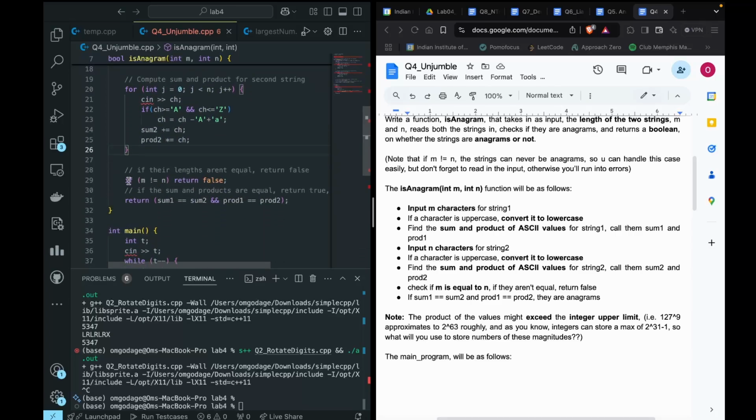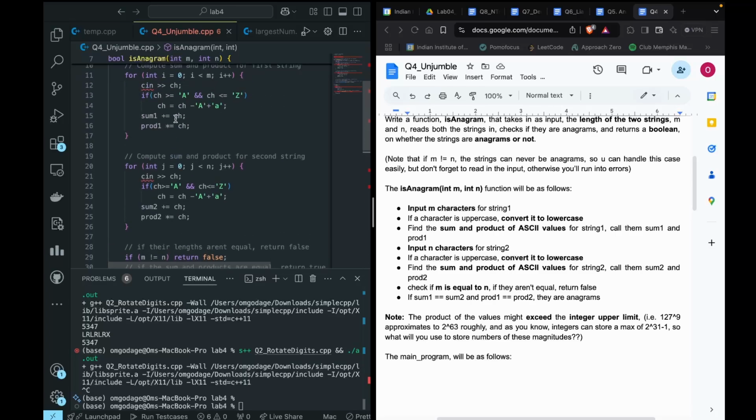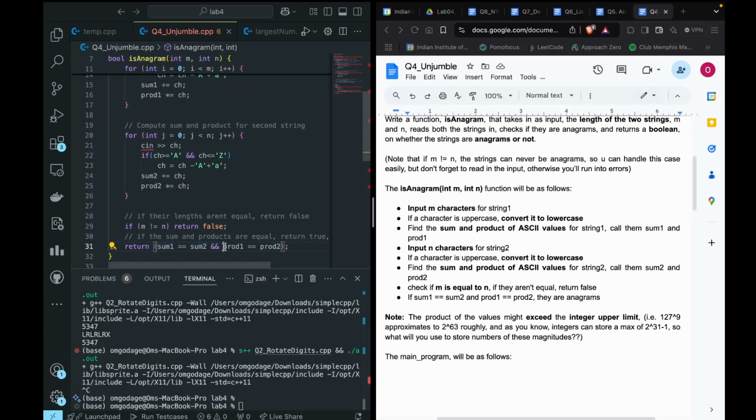And at the end, you will check if m is not equal to n, you will simply return false. Otherwise, you will check that both the sums are equal and both the products should also be equal. So this is a condition that is required for anagrams to exist.